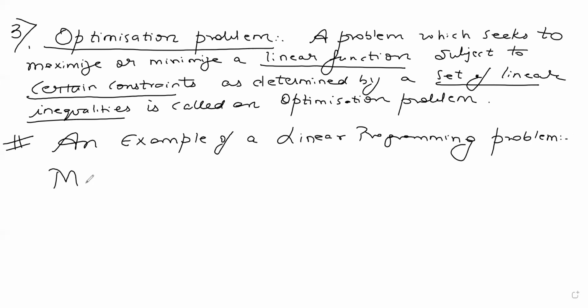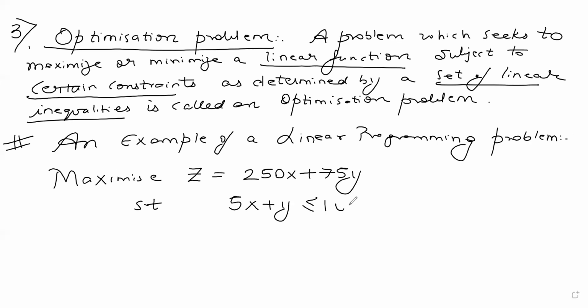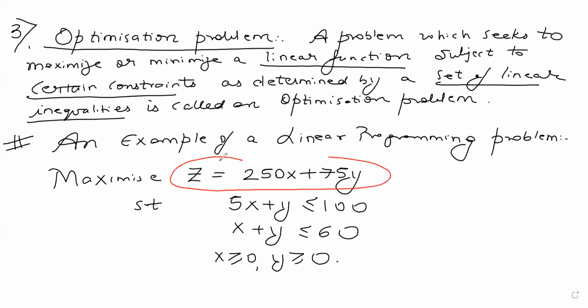Maximize z, which is equal to 250x plus 75y, subject to the constraints 5x plus y less than or equal to 100, x plus y less than or equal to 60, x greater than or equal to 0, y greater than or equal to 0. Now it's a typical linear programming problem. Guys, this is nothing but my objective function, because I need to maximize it.